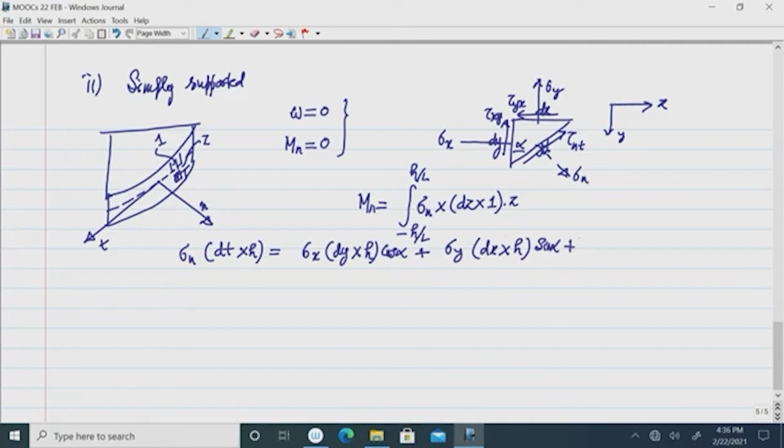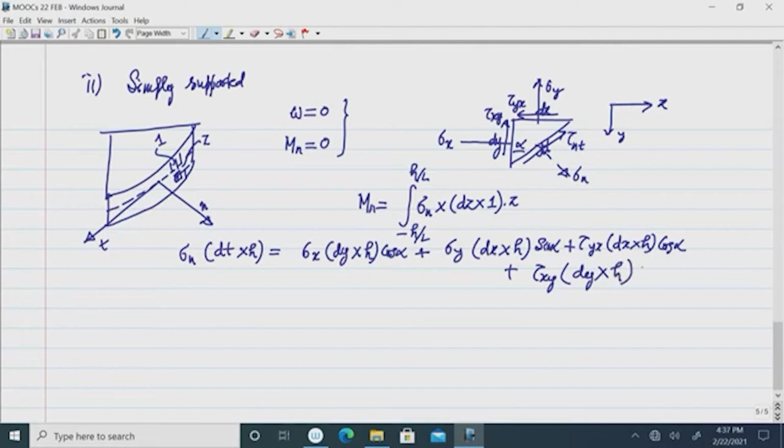Then we have tau y x, acting on the face dx. So dx into h is the area, and when I resolve it to the normal direction, it will be cos alpha, plus tau x y, which is acting on the face dy.